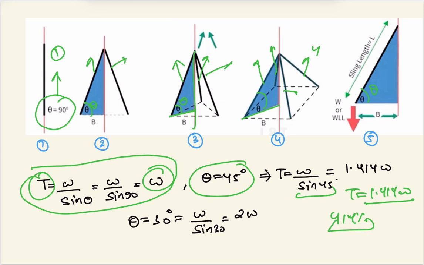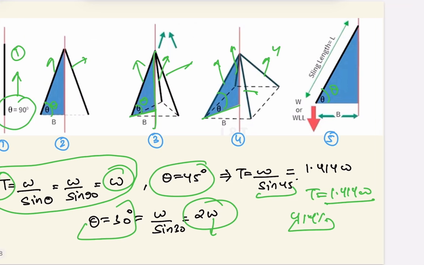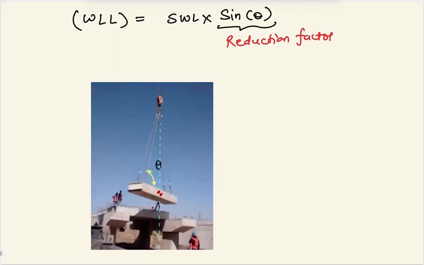When we are lifting vertically, it is W, but when we are lifting at an angle of 45 degrees, it experiences 41.4% more weight. Similarly, when theta is equal to 30 degrees, this will be 2W, which means the sling is experiencing 2 times the weight. So it is clear that whenever theta varies, the tension in the sling also varies.